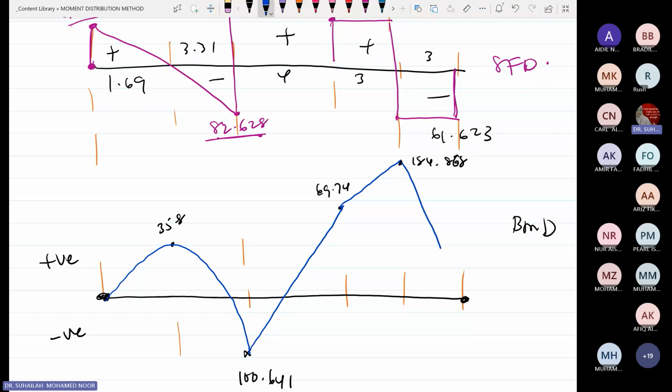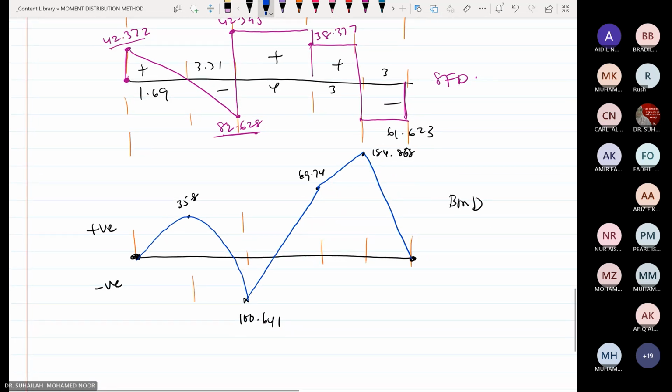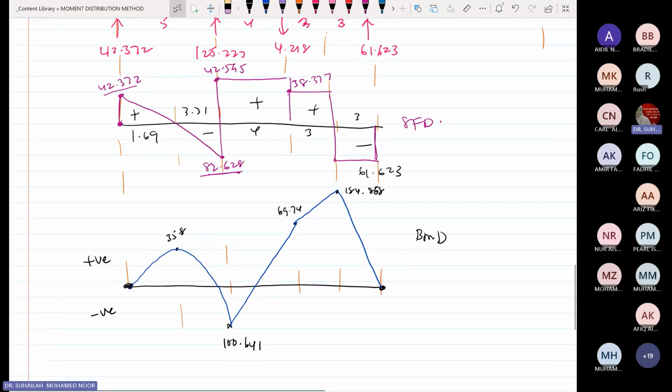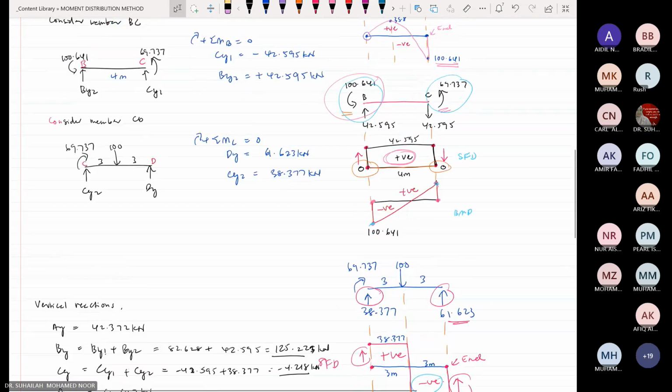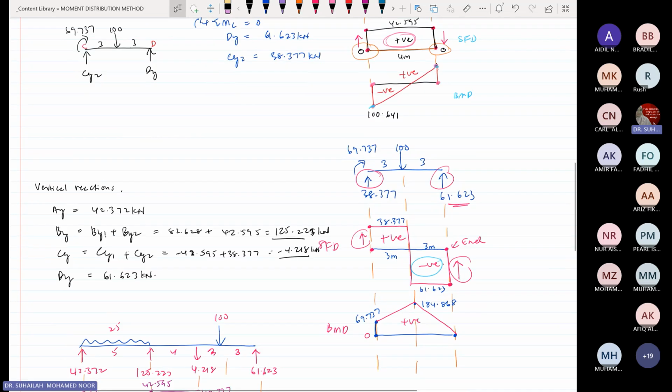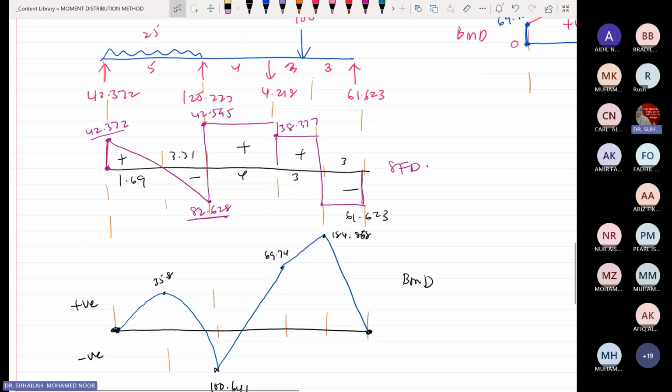And going back to 0. Okay. So this is BMD. Combined version. Yang ni yang separate version. Yang ni yang combined version.